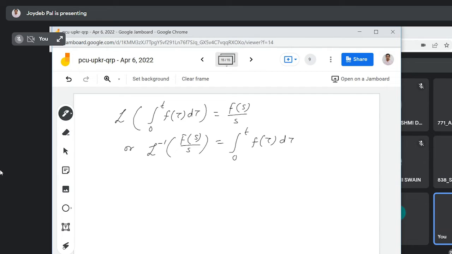So we are using the inverse form. We are representing the function of s as F(s) by s, then you find Laplace inverse of that F(s), which will be small f, and then you integrate that small f. So I am going to apply this formula.